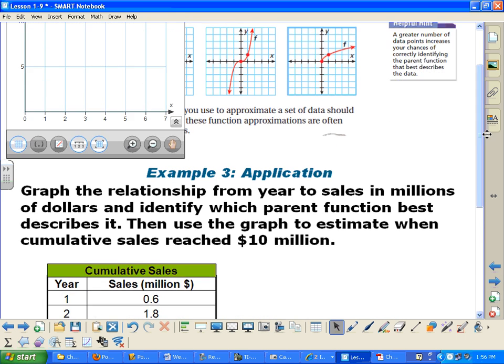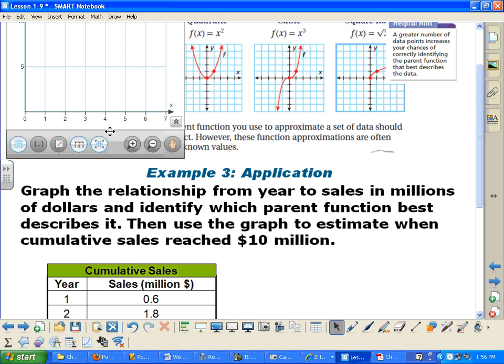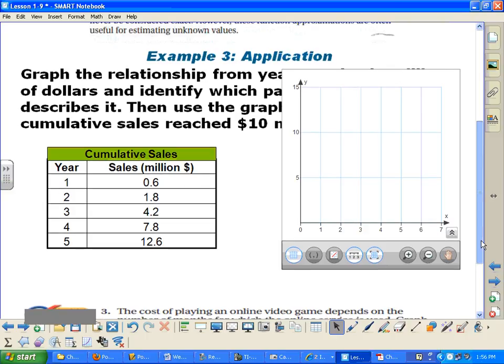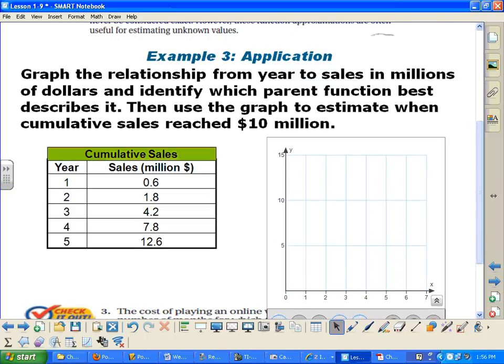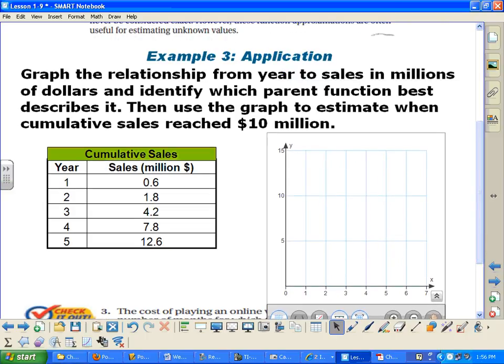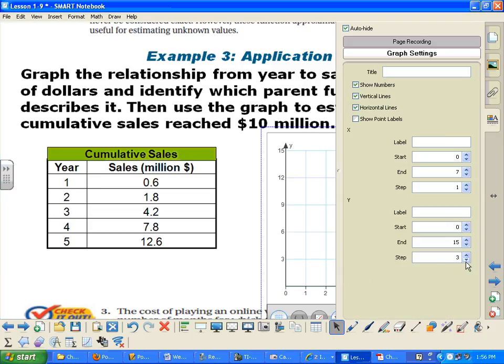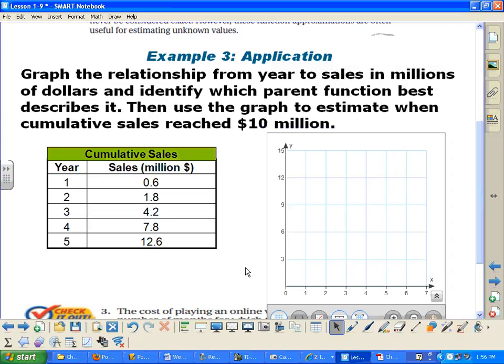Oops, I went by 5s instead of 3s. I'll fix that. Properties. 3. There we go. All right.